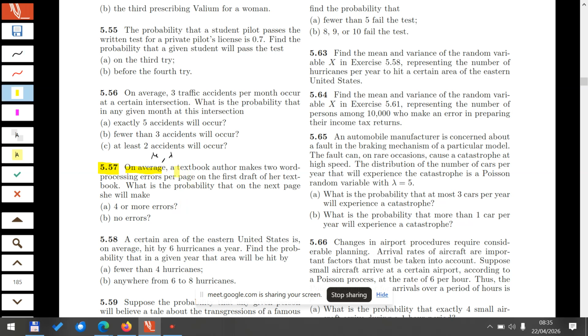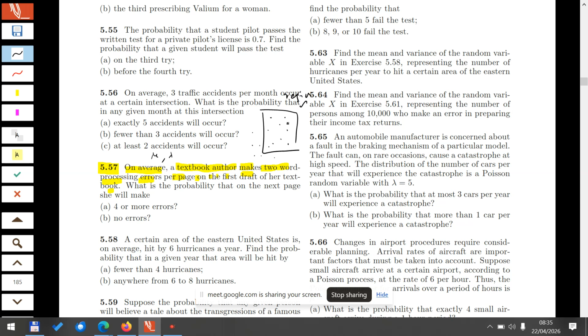A textbook author, now he's kind of the experimentalist, makes two word processing errors per page on the first draft of her textbook. So now the experiment here is that the author is typing words, the first word, the second word, the third word, and it's in a two-dimensional grid because you are writing words on a page. So you need to have this page as a region of space, right?